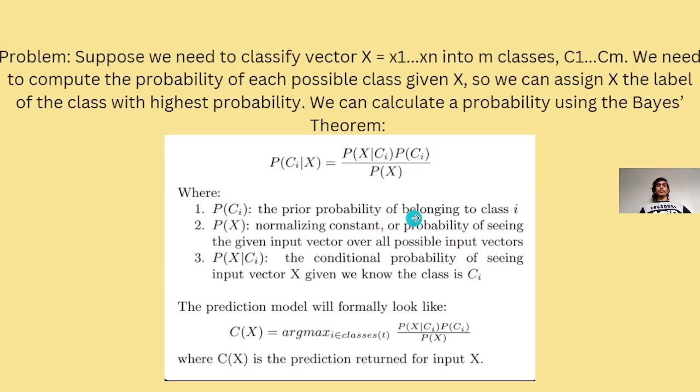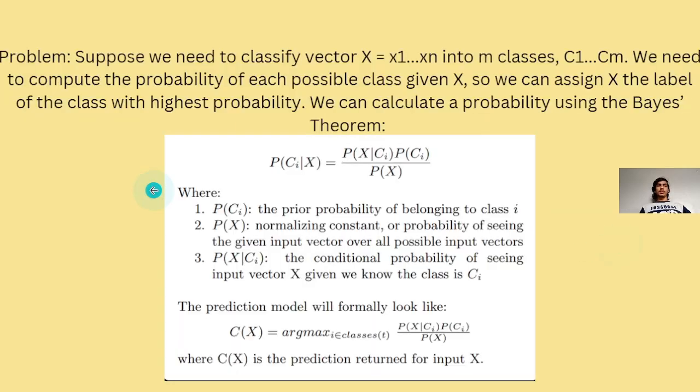P(Ci) is the prior probability of belonging to class i, and P(x) is the normalizing constant for the probability of seeing the given input vector over all possible input vectors. Let's change the slide and go to the data that we are considering today to apply this Naive Bayes theorem in Python.